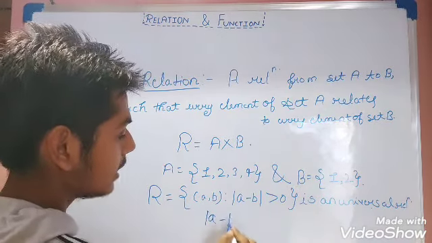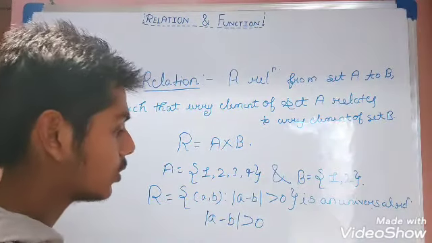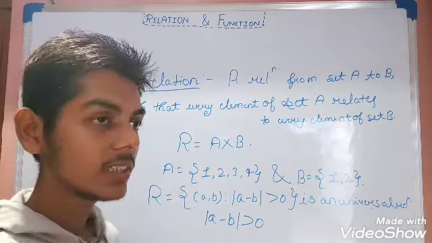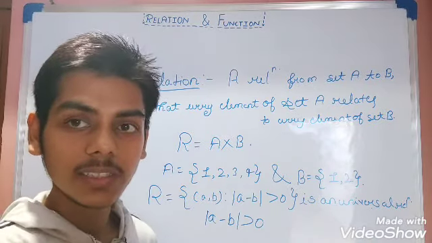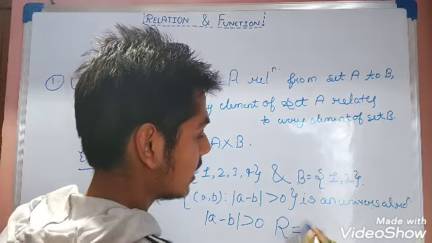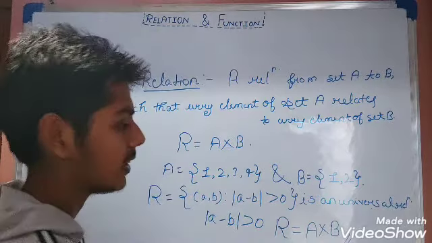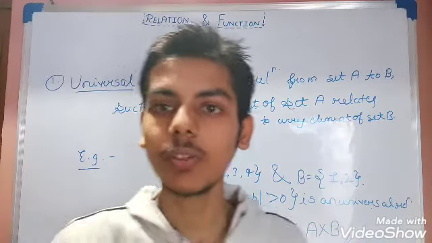This condition is held by the whole set A cross B. Hence the relation set R is the whole set A cross B. So I hope you understand this.